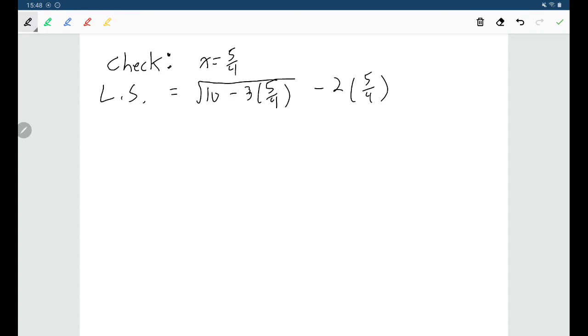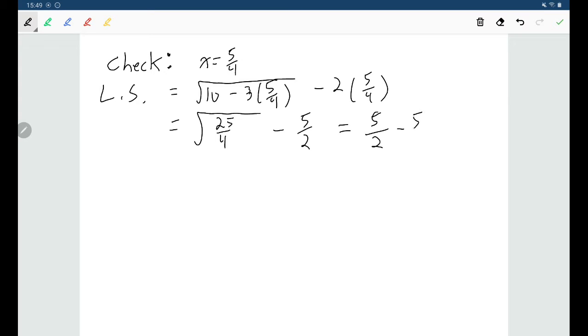So what I'll do now is simplify. On my left side of the equation, putting in 5/4 for x, that gives me square root of 10 minus 3 times 5/4, which, using my calculator, I find is 25/4. 2 times 5/4, that's 5/2. And now I can see that I've got square root of 25/4, which is square root of 25 over square root of 4.